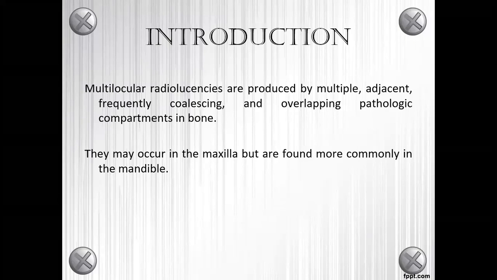Whereas multiple radiolucencies are different radiolucencies in an area which are not connected with each other. They are all different entities. This is the difference between multilocular and multiple radiolucencies.